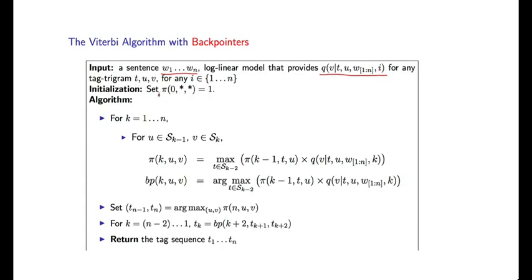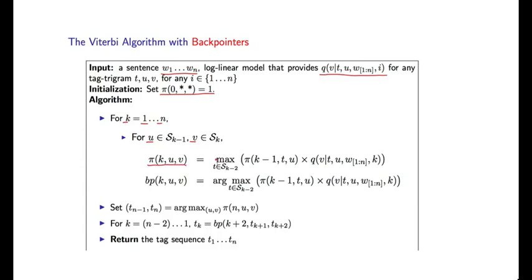In the initialization step, we set pi_0(*,*) equal to 1. And then we do the following. For every position k in the range 1 to n, we consider all possible tags, u at position k minus 1 and v at position k. And we're going to fill in the value for pi_k(u,v).